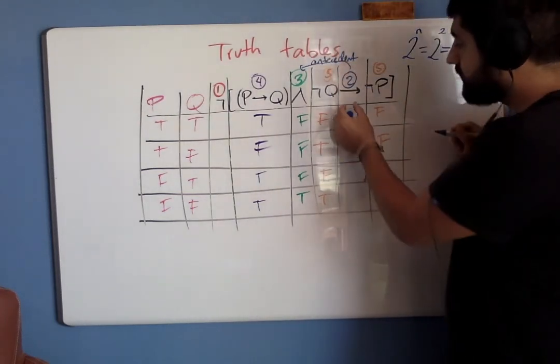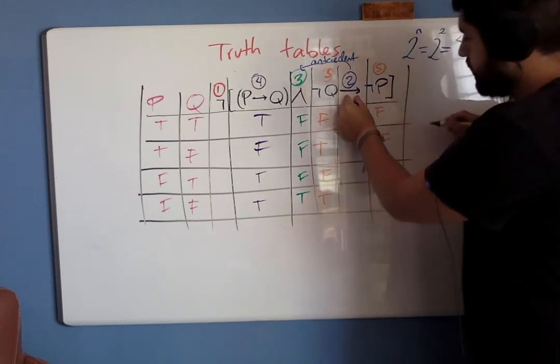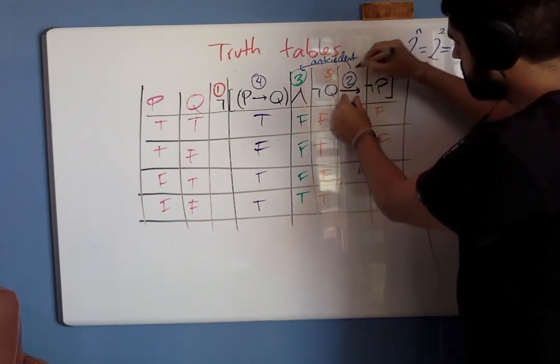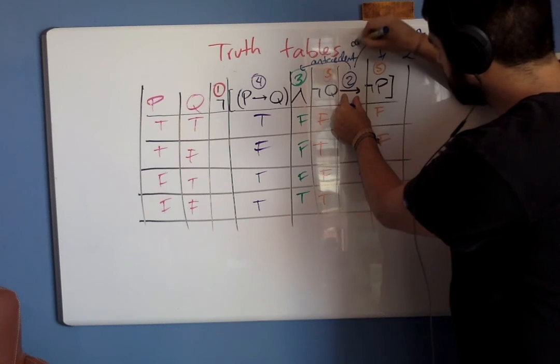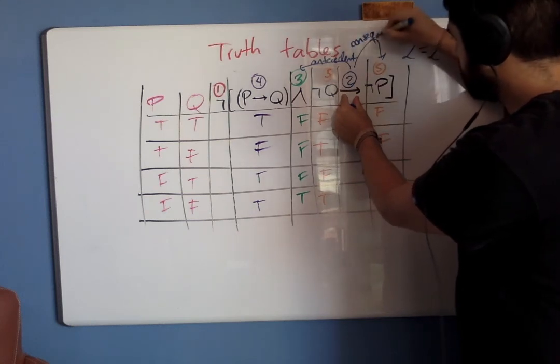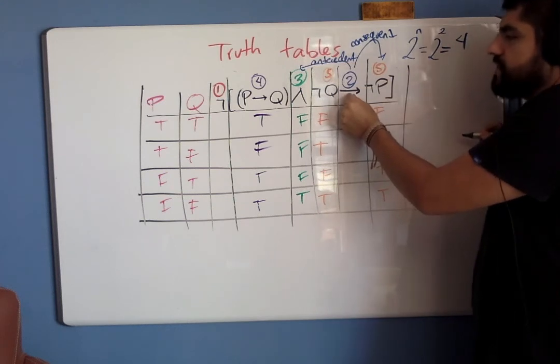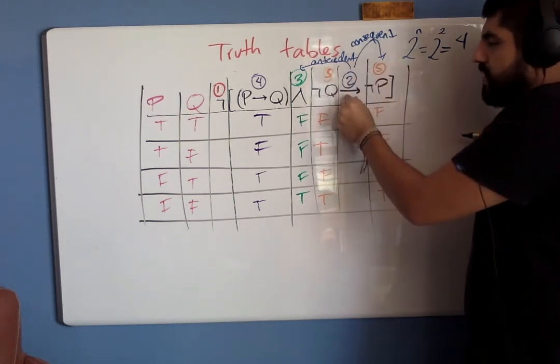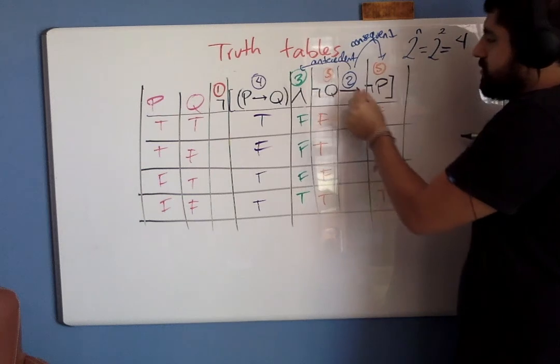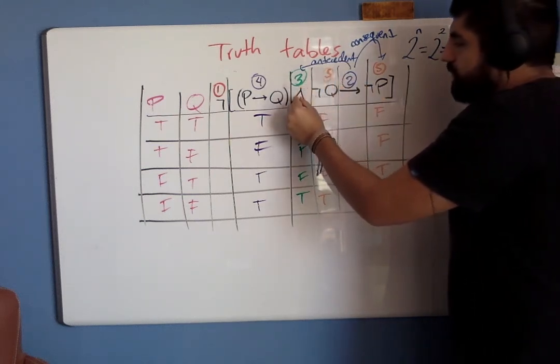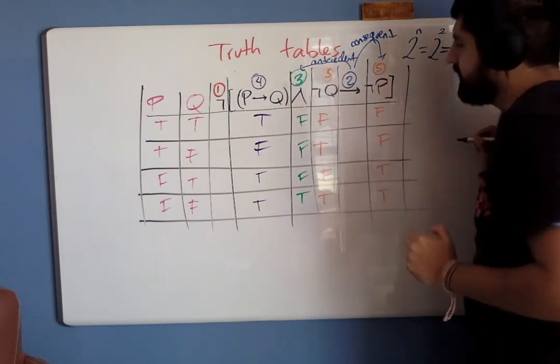And the consequent of this conditional number 2 is this number 5, the consequent. As you can see, this logical connective number 2, the secondary one, is linking number 3 with number 5. We already solved number 3 and we already solved number 5.